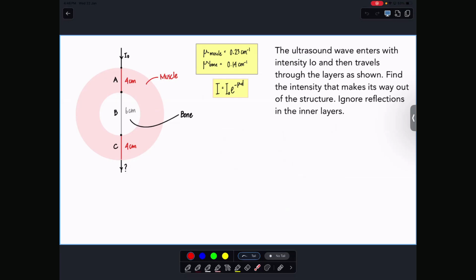Acha, okay. Can you see that? And but divide it by another element. Yes. 0.0685 I naught.